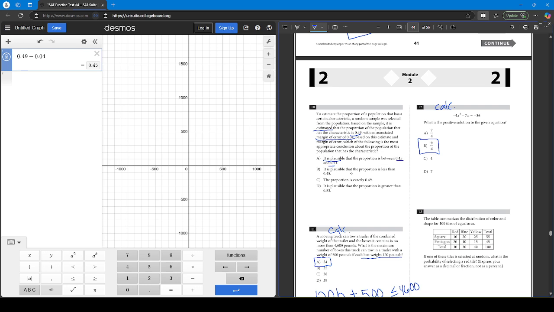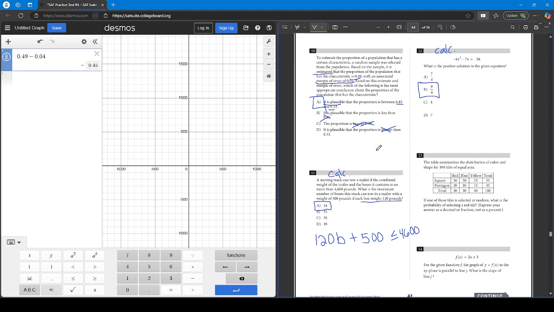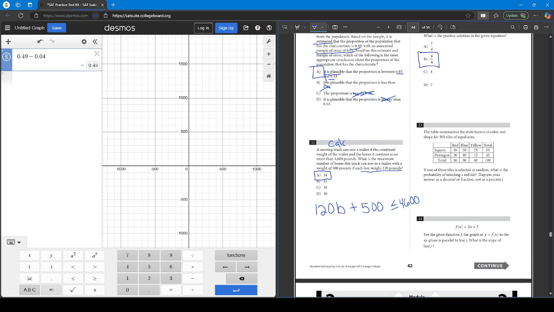Those numbers are correct. It's plausible that the proportion is less than 0.45? Not based off of the margin of error. The proportion is exactly 0.49? Maybe, but there's a margin of error, so it's not going to be exactly that. It's plausible that the proportion is greater than 0.53? Not based off of our margin of error. Answer choice A. Next, question 13.